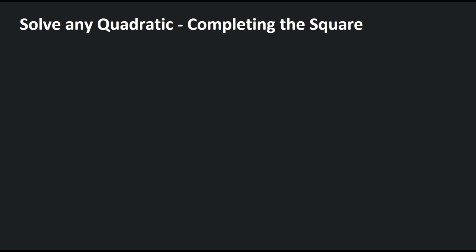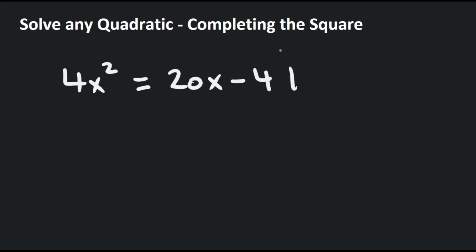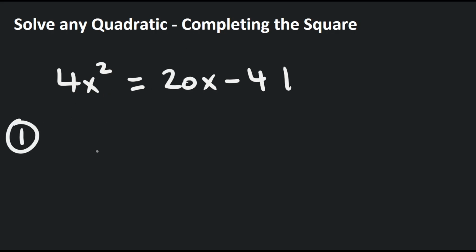So let's say we had this equation right here, 4x squared equals 20x minus 41. The very first step is we want to get this in our ax squared plus bx plus c equals 0 form, the standard quadratic equation form.